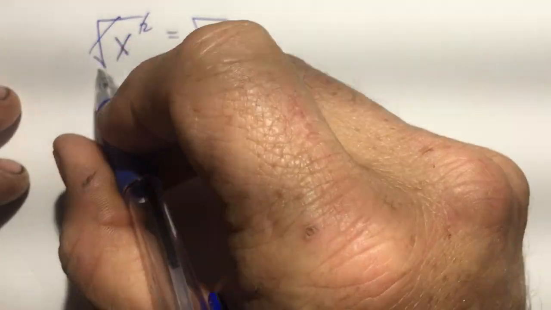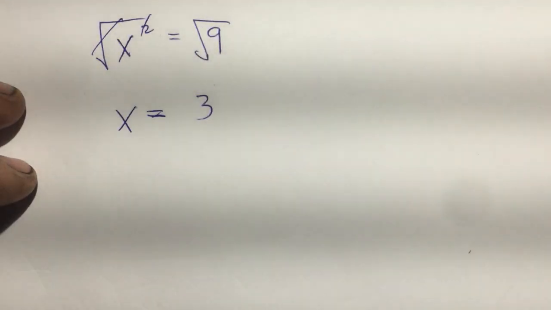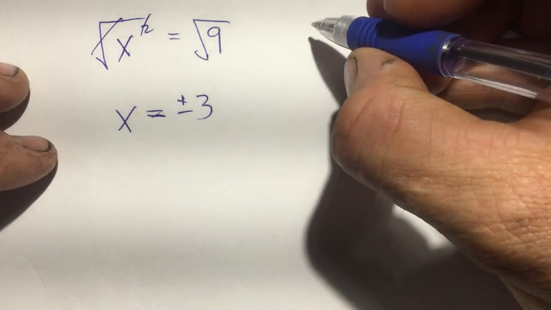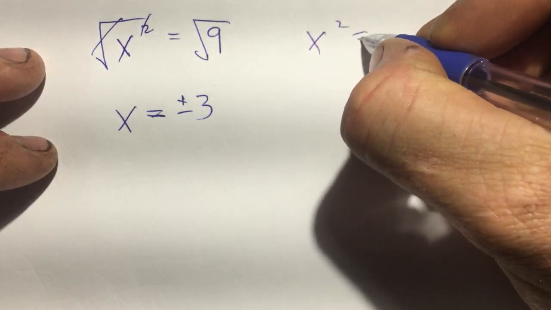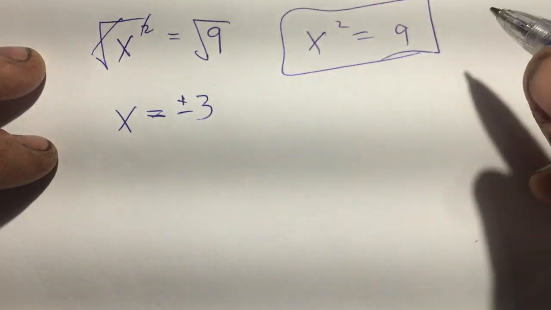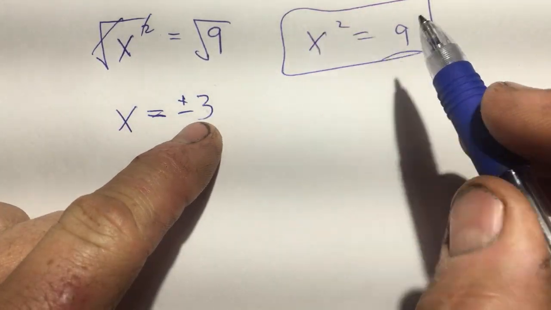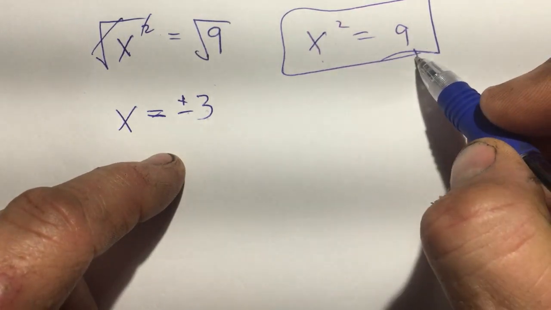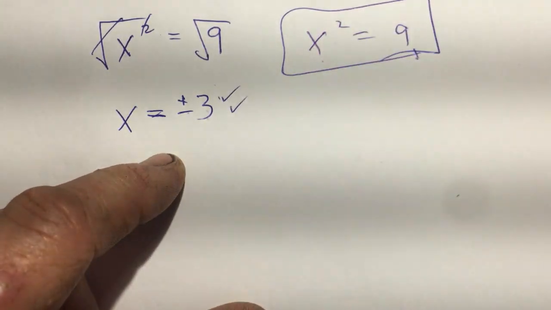But when I square root both sides of the equation, it could be positive or negative. So this is plus or minus 3. Now if you go back to the original problem, x squared equals 9, if I put 3 in, 3 squared is 9. But if I put negative 3 in, negative 3 squared is also 9. So both answers are good.